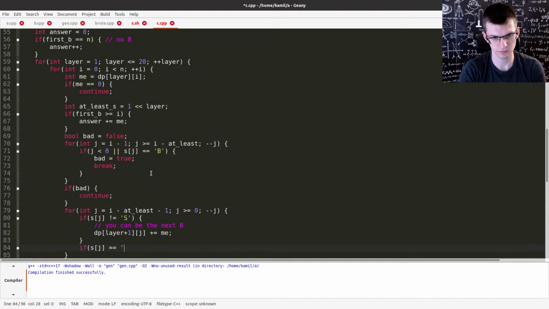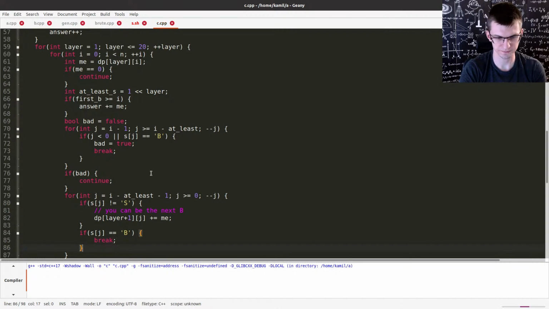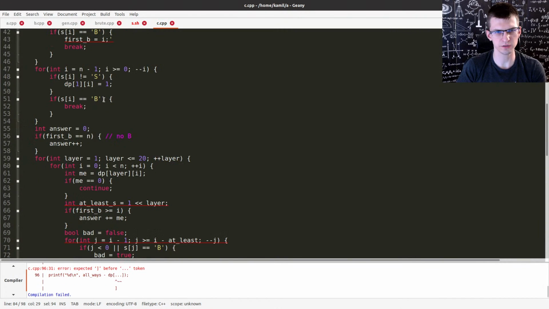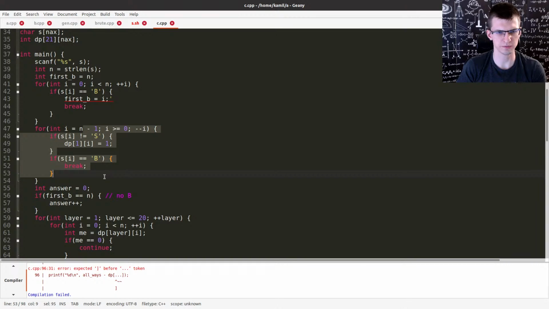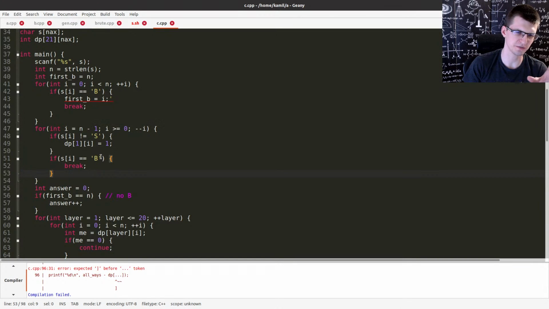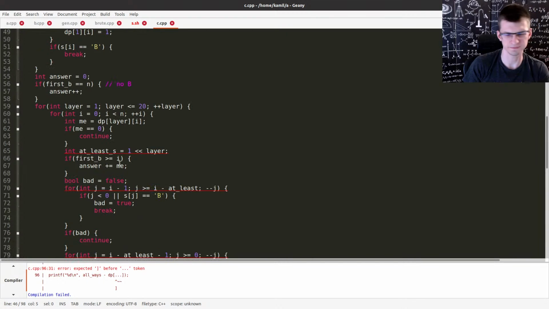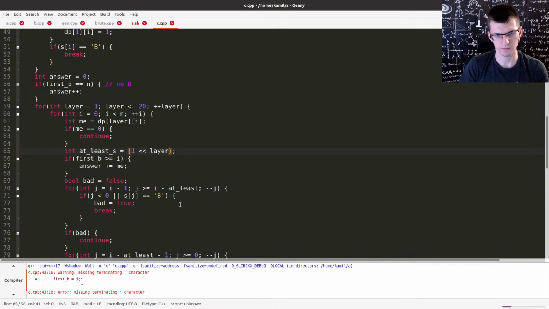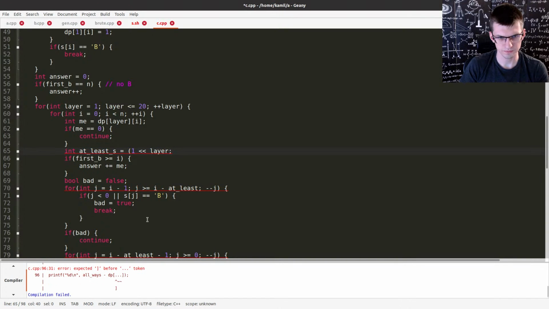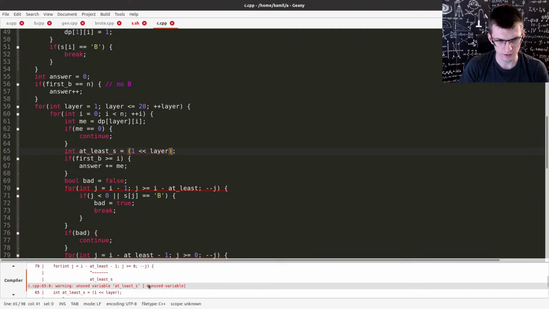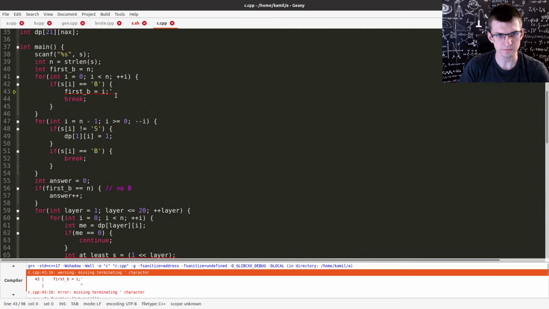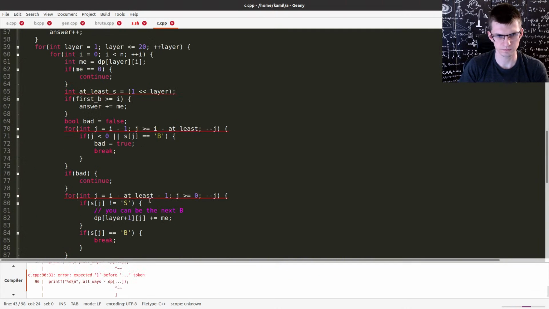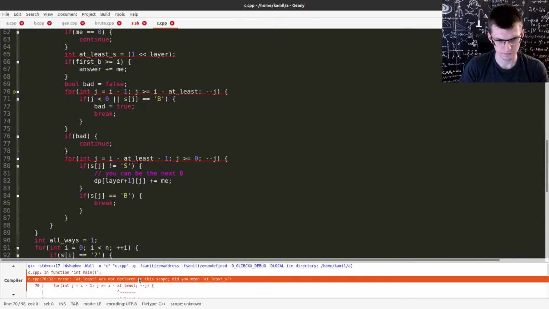Also, if b then break. This is very similar to this thing, so I guess I should have resolved that with something like dp of 0 n is 1. Yeah. What do you want? At least s.